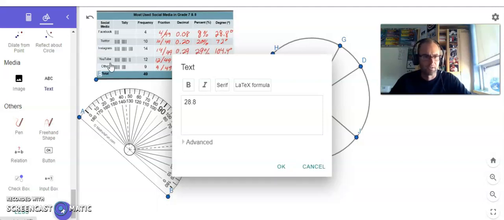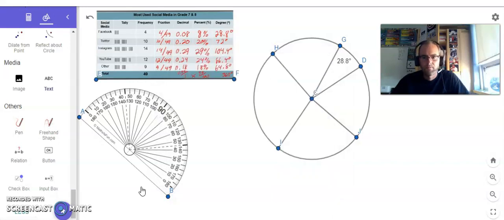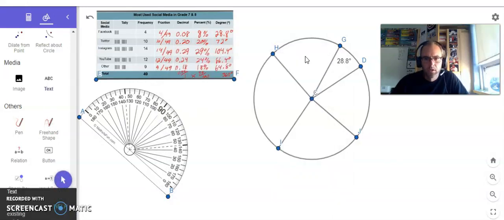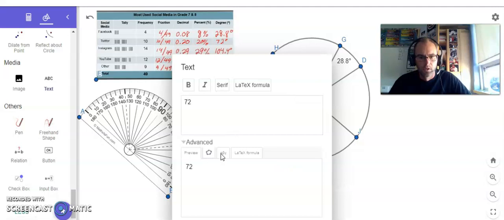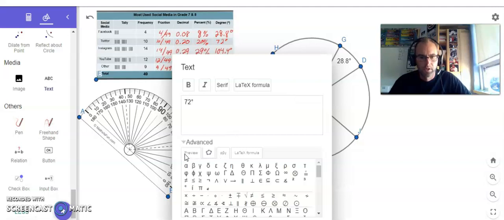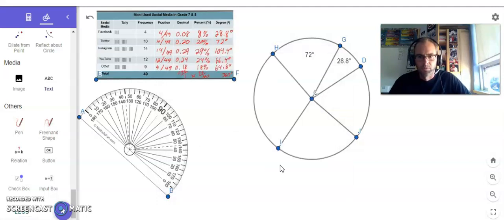Let me just check something out, see if I can get that degree logo. Yay, I found the degree logo, so I'll just do the next one here. This one is 72 degrees. And it's right here. So there's my 72 degrees, and I'll just pause it again and fill up the rest of the circle. Okay, so there you have it.